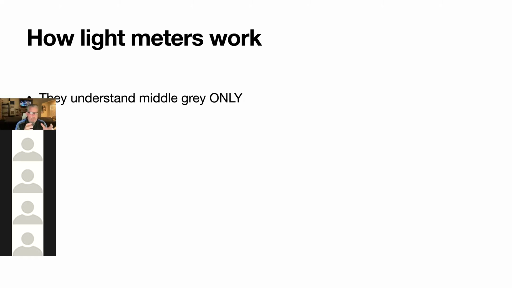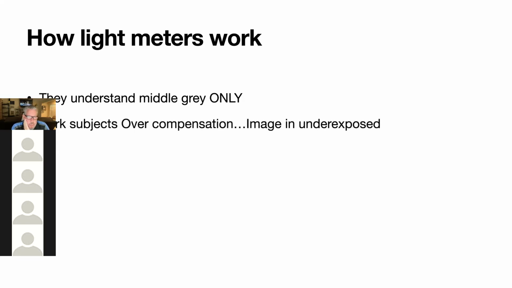Consequently, if it's not that middle gray, the camera's like, well, shoot, that's not gray. Let me make it gray. Its goal in life, the light meter of your camera, its goal in life is to make everything gray. That's its job. So if you take pictures of a dark subject, like somebody in, let's say, a restaurant with a black background, a lot of restaurants paint the walls black, the camera says, wait a minute, that's not gray.